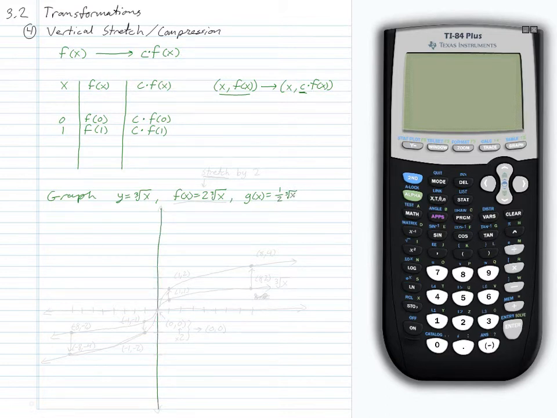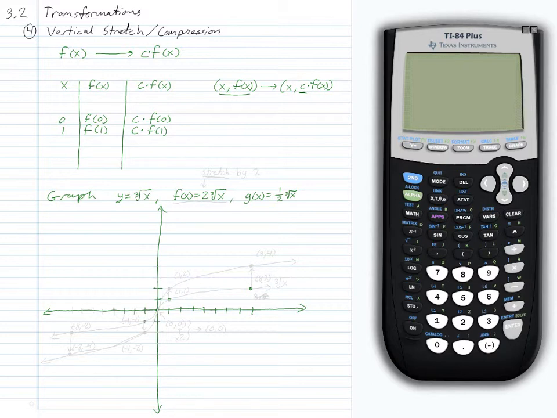Here's some nice large graph paper. We're going to base all of these off of the basic function, the cube root of x, which we know passes through the points 0, 0, 1, 1, 8, 2, and is odd, so it's symmetrical about the origin.